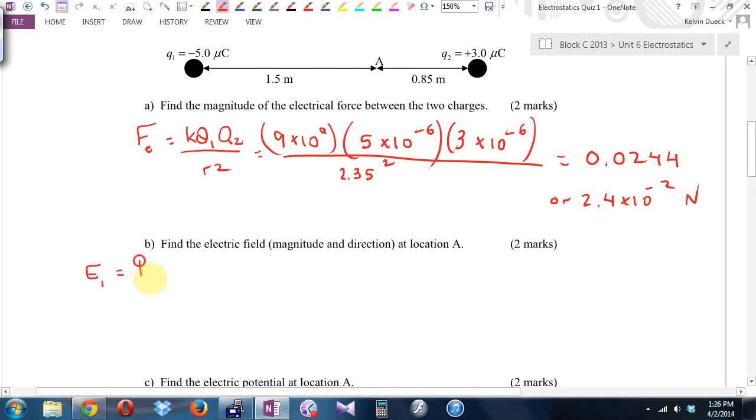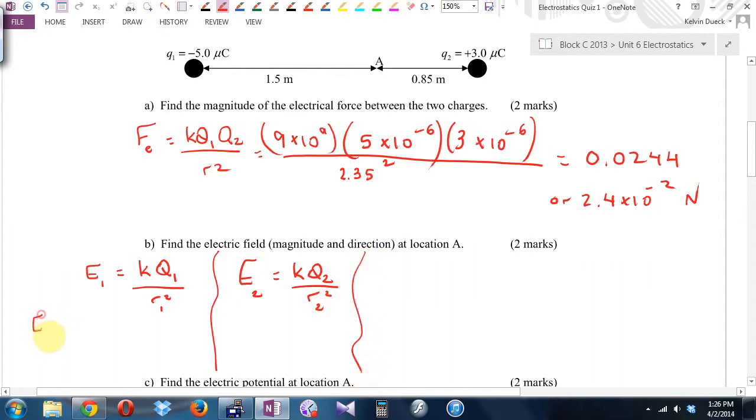I like B, definitely. So what I'm going to do is I'm going to find the electric field from point 1, which is K Q1 over R1 squared. I'm going to find the electric field from point 2, which is going to be K Q2 over R2 squared. And then I'm going to add them vectorially.